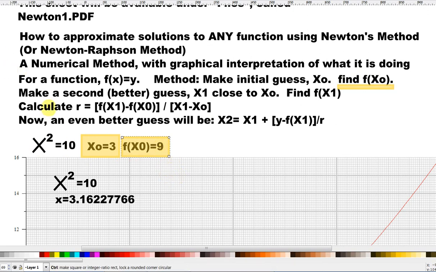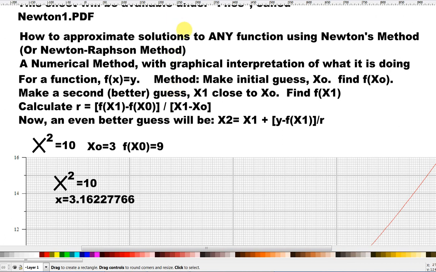Now, the next step is where it gets interesting. Make a second guess that's better than the first guess. So how do we do that? It doesn't necessarily have to be a better guess, but it works better if it's a slightly better guess. So how could we make a better guess? Well, let's cheat here so that this works well.